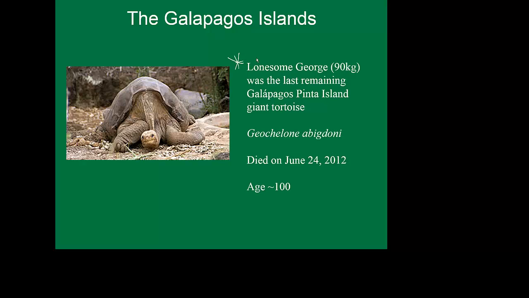He was the last remaining of his species on the Galapagos. He actually died June 24th of 2012 at about the age of 100. He was the last of his species. They tried a very long time to get him to breed, and he never did successfully. So that's the end of his species line as far as we know.